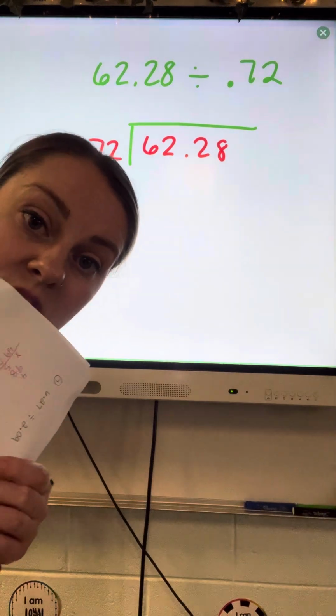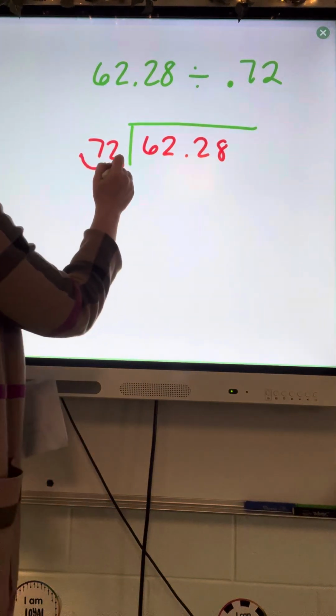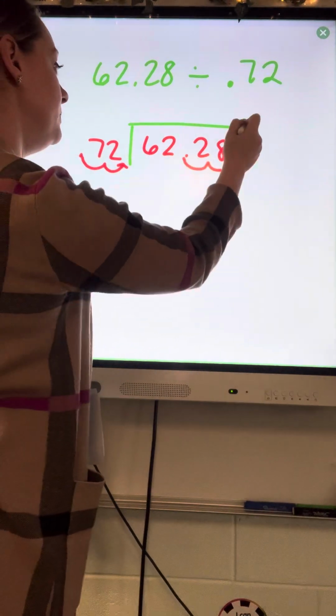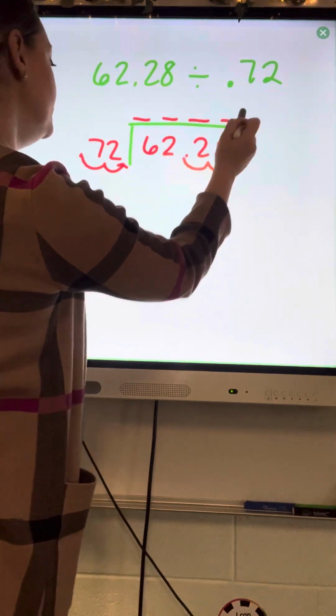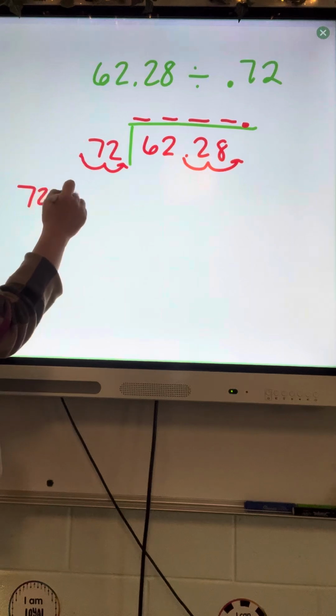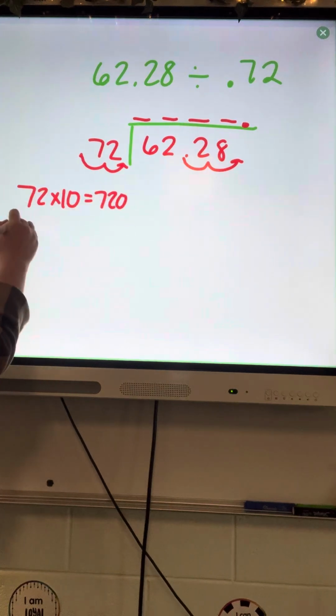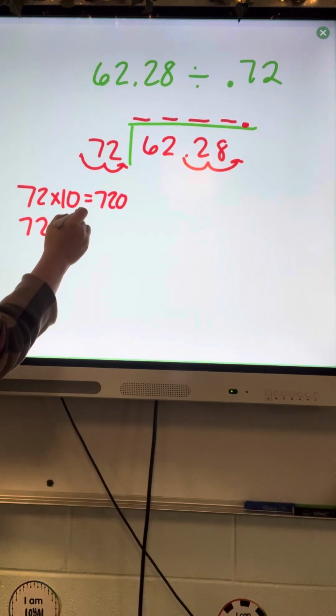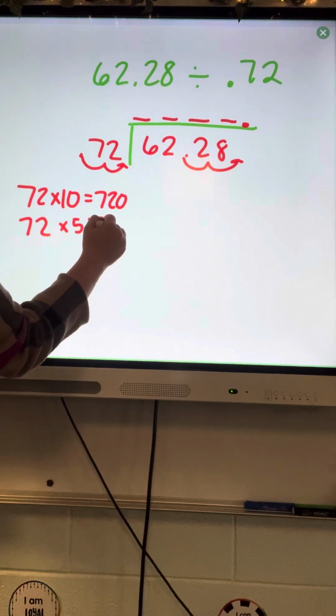Step 2, I move those decimals. I have to move this twice. What I do to one side, I do to the other. I do 72 times 10 is 720, and 72 times 5 is 360.